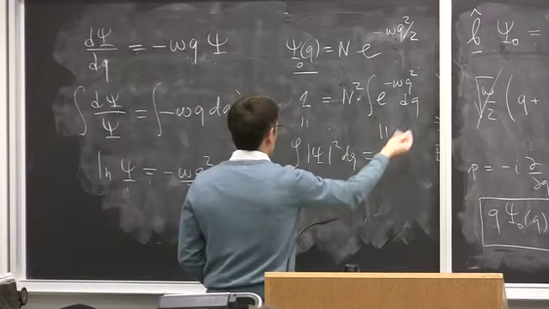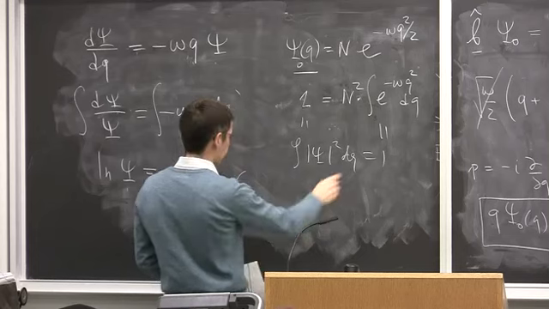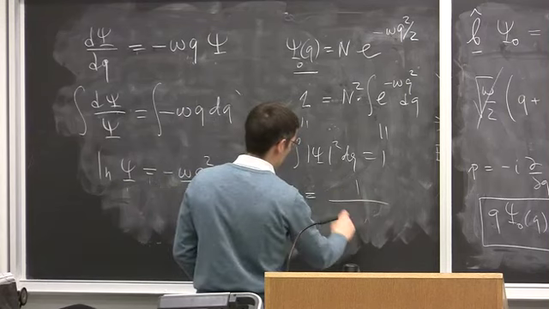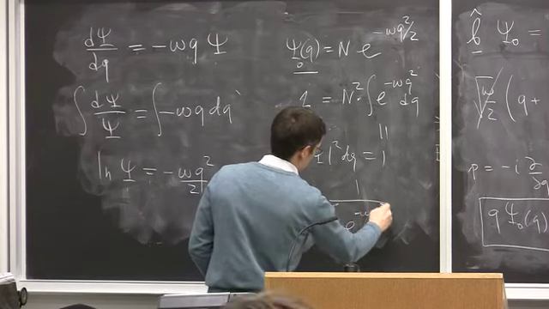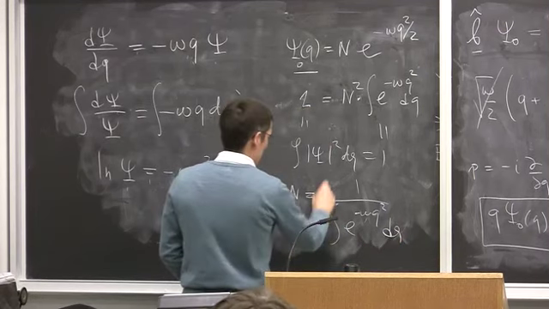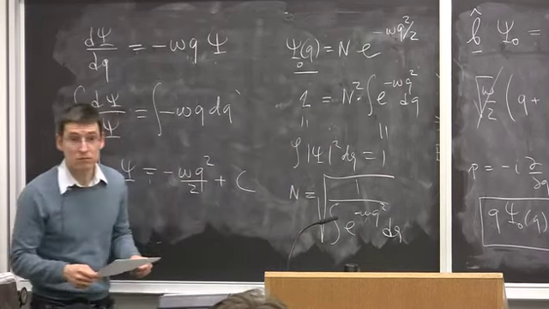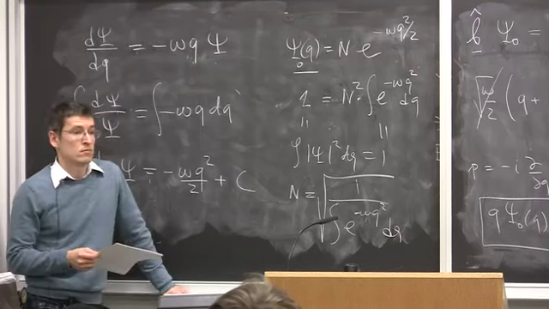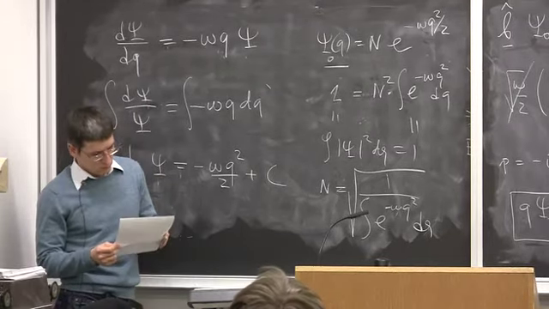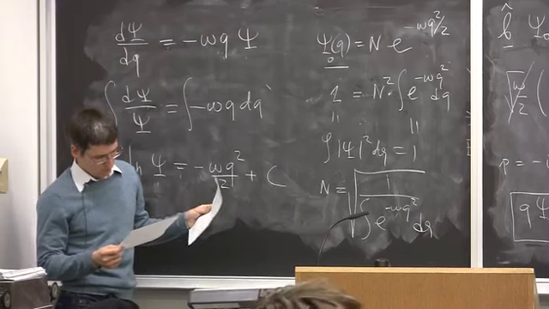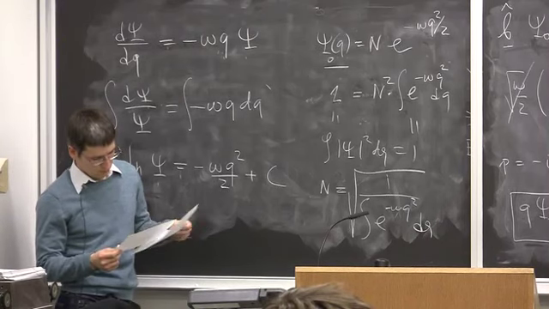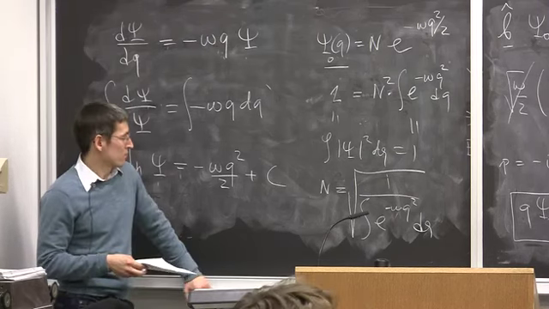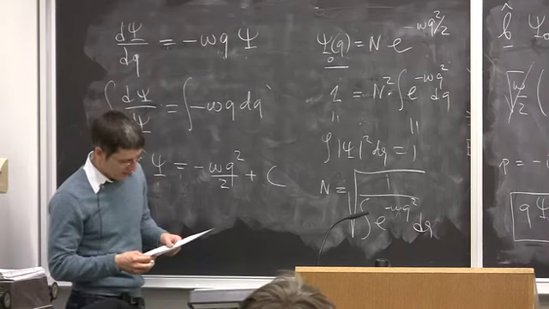And that's essentially this function. Now, N squared or N directly is 1 divided by the integral of this. So who knows how to take this integral? Integral of the Gaussian function. Okay, so it's a kind of table integral.